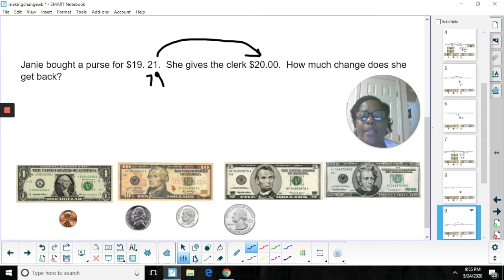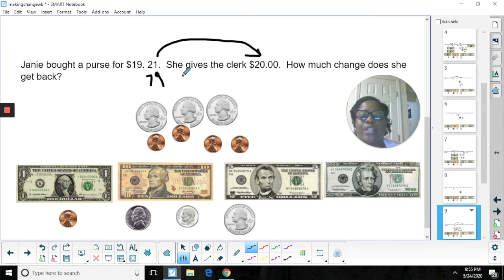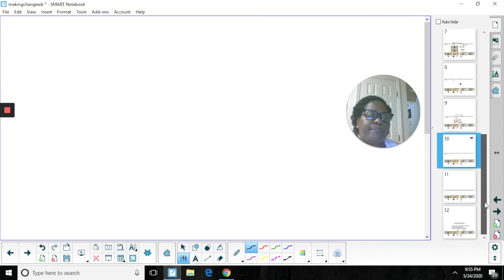So let's go down here and get 79 cents. And there we have it. 79 cents is what is going to be our change. Okay. All right, guys, let's go to our next page.